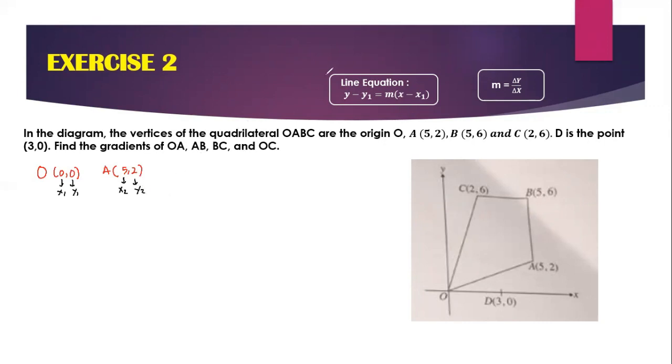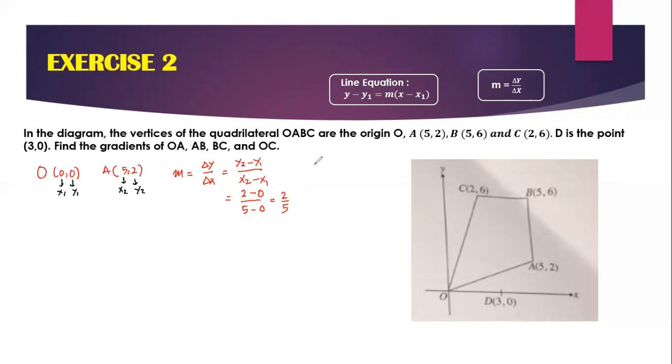So now we're going to find the gradient m equal delta y over delta x. So we can define that y2 minus y1 over x2 minus x1, okay? So equal y2 is 2 minus y1 0 over x2 5 minus x1 0. Okay, so we got the gradient is 2 over 5.